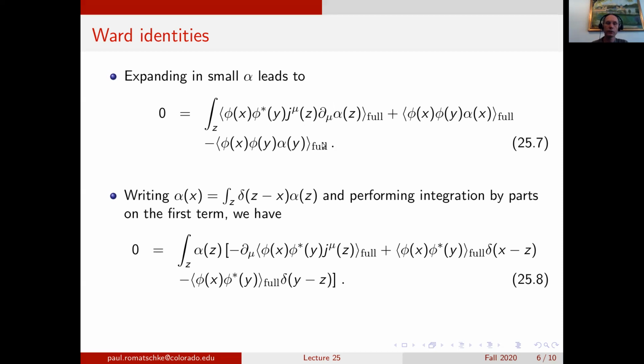And for the first term, we do an integration by parts so that we get a total derivative which vanishes, and then alpha of z with d mu acting on all of the rest of the terms. So we get alpha of z times minus d mu of the expectation value of this object here, where again the d mu acts only on the coordinate z.